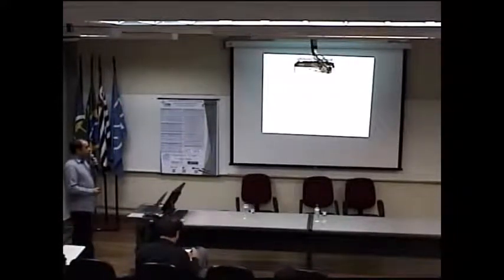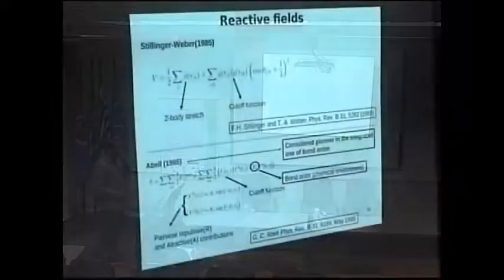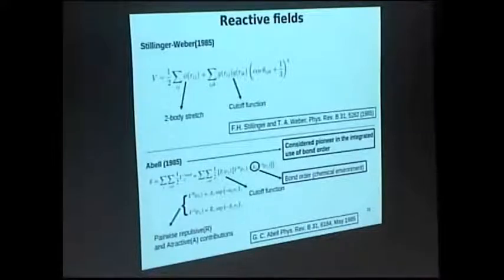Okay, here one first thing is this cutoff function that cuts the interaction after some kind of distance. And the more important contribution that was made in 1985 was this potential by Abell. And this structure is used until today in some sense.